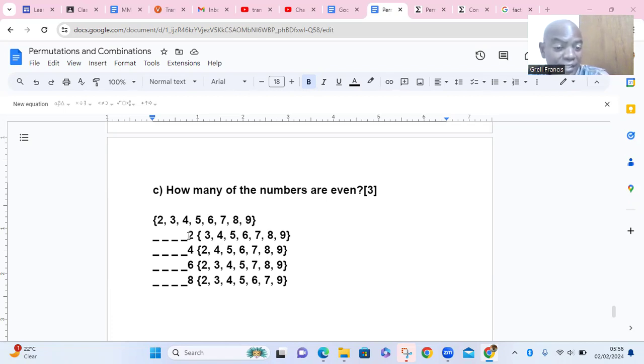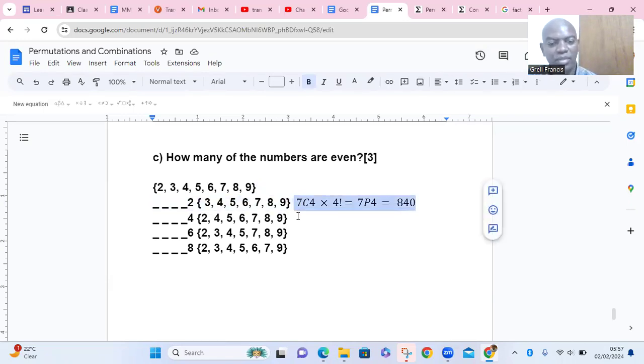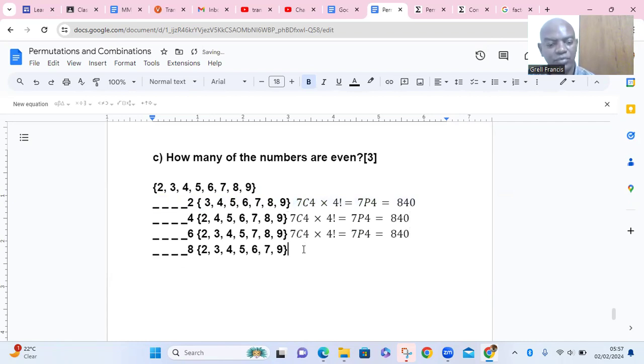So let's calculate, for example, those that end with 2. You fix the 2 at the end, and you are selecting 4 from a set of 1, 2, 3, 4, 5, 6, 7. And then you are arranging the 4, because the 2 has to be fixed at the end. Basically, that's like 7P4, very similar to part B. So we get the same 840, and this 840 applies to those ending with 4, those ending with 6, and those ending with 8.